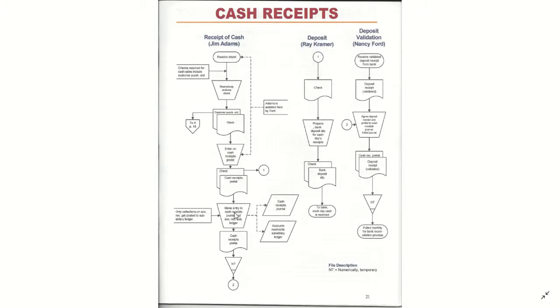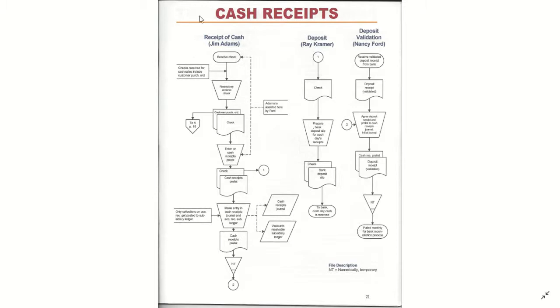So we'd keep scrolling down here and it says make entry in cash receipts journal and accounts receivable subsidiary ledger. Well, in this case, it's not a payment for something somebody owes us, so there is no accounts receivable involved. But we need to make the entry in the cash receipts journal.